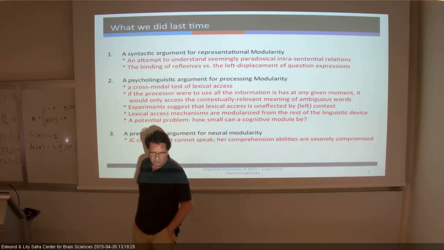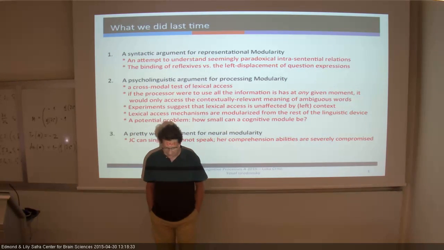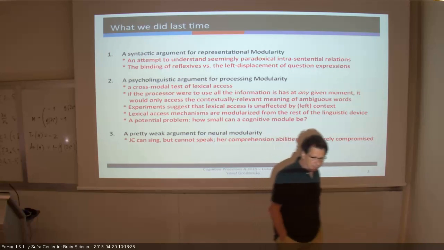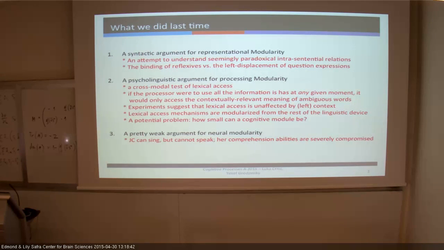Okay, so what we're going to do today is four different things, I hope. Some of them will be quick, some of them will be slow. The quick thing will be going over what happened last time.